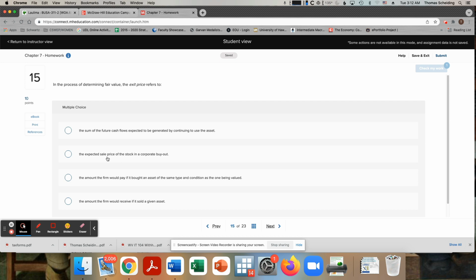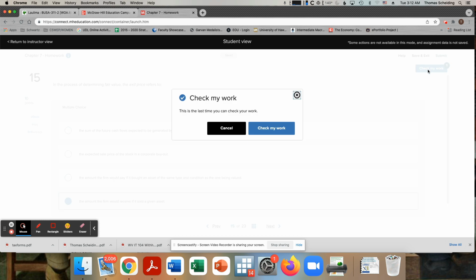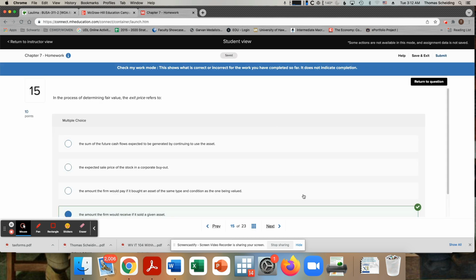It's not if you do a corporate buyout, because usually if you're bought out, the sale price is inflated to some extent because the other firm is kind of merging with you. It is when it's being sold. So that's why it can't be this option nor this option. It's actually being sold, which is this. So it's kind of the definition of what an exit price is.